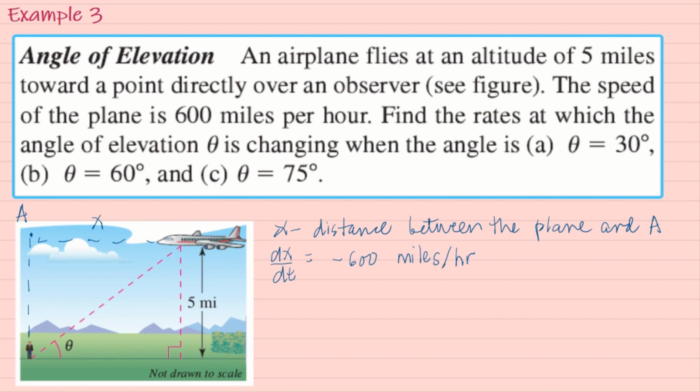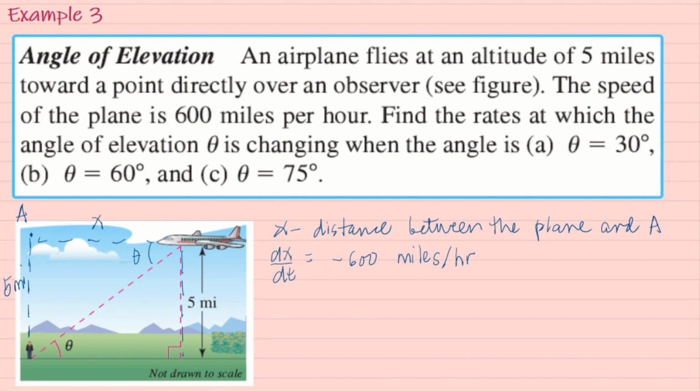Now, using properties for angles, we know that this angle here would also be theta, which is our angle of elevation. And then this side here, parallel to this side, will also be 5 miles because nothing in the problem states that the altitude of the airplane will be changing throughout time. So that would still be 5 miles.